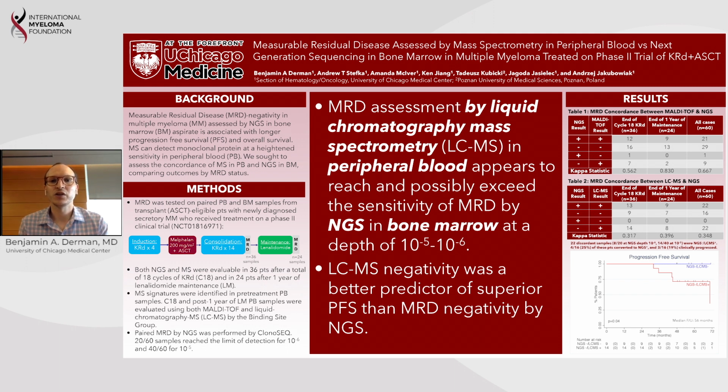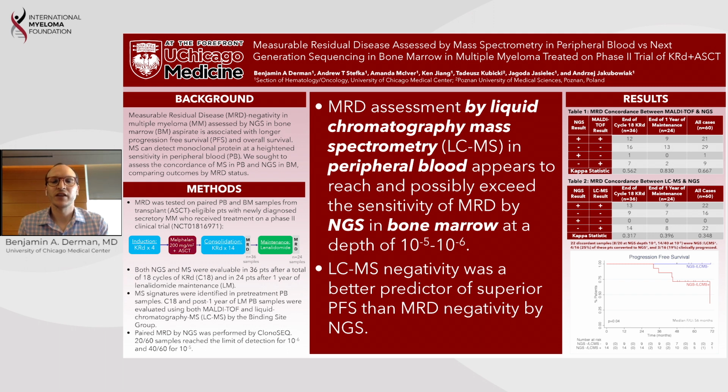And that's what we're looking at with this curve on the bottom right of the poster, where it says progression-free survival. And what we found is that patients who were negative with both tests essentially had a longer time free of disease progression or death compared to the patients who were only negative by the NGS test.